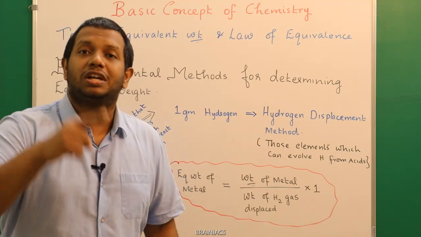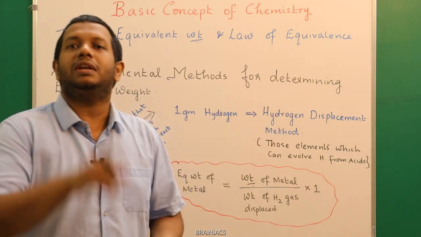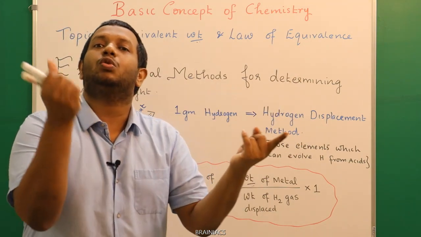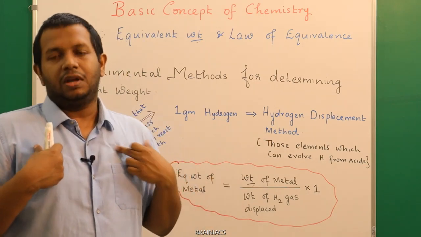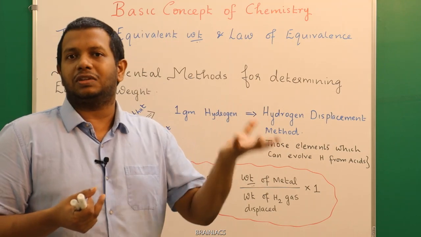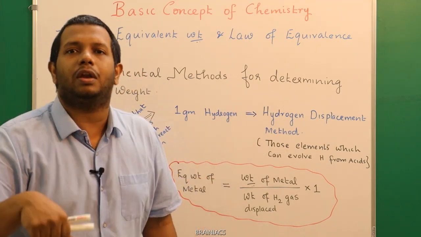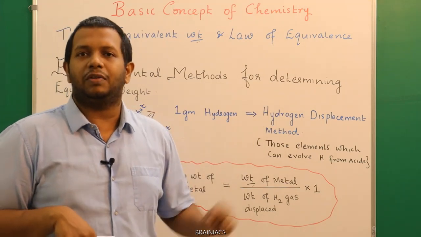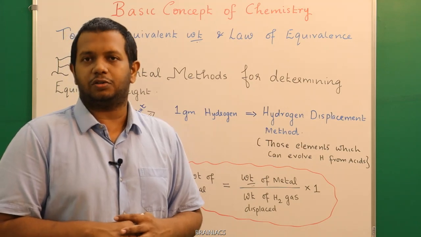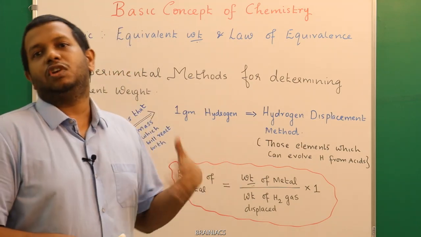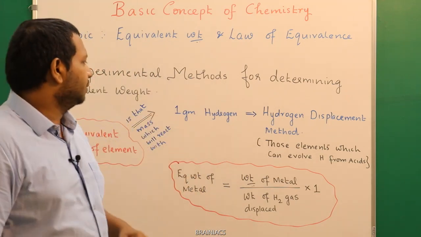Now tell me how much gram has undergone reaction. 250 minus 230, that is 20 gram has reacted with 1 gram of hydrogen. As per my understanding, the mass of the element which reacts with 1 gram of hydrogen is my equivalent weight. Now tell me what will be the equivalent weight of the new element. It will be 20 gram. As easy as that. Understood? So this is the way we find the equivalent weight experimentally. Now look at here.